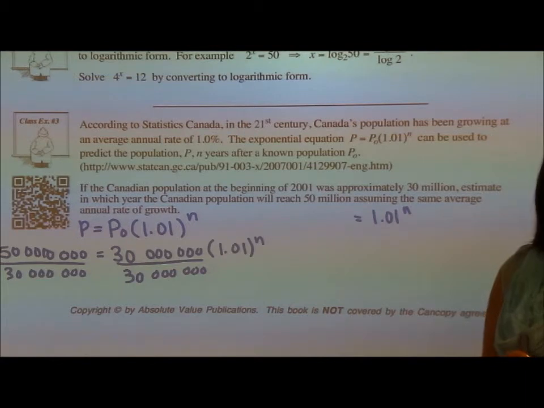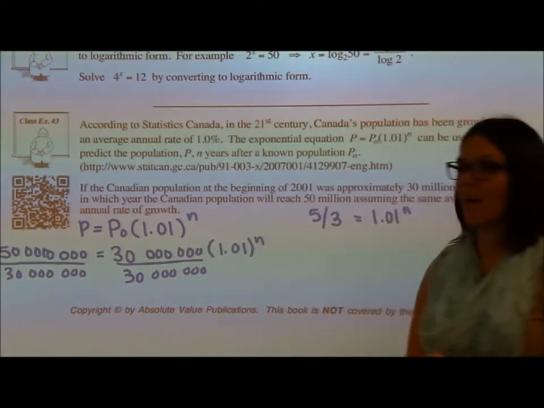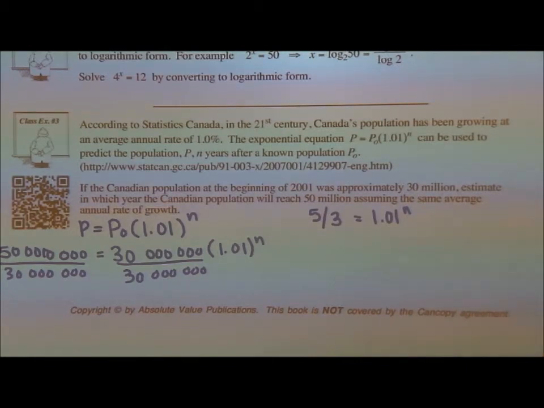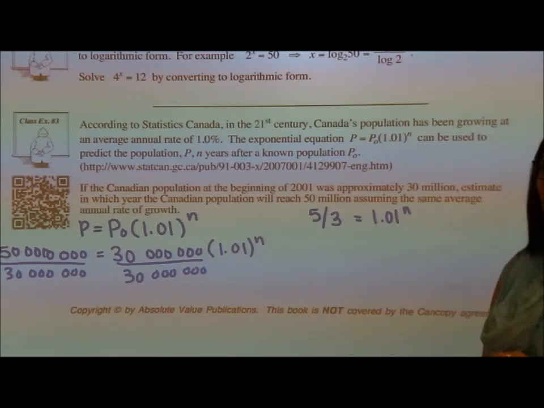What does it give you, Hannah? 1.6 repeating, which as a fraction is 5/3. So now that I have this simple exponent, how can I solve for n? So what did we do in A and B?